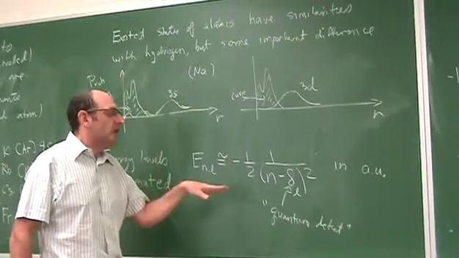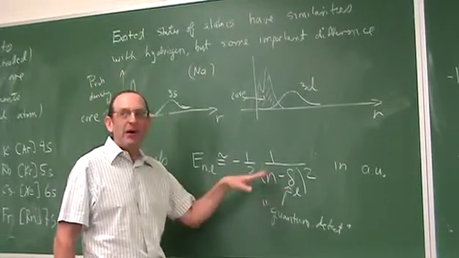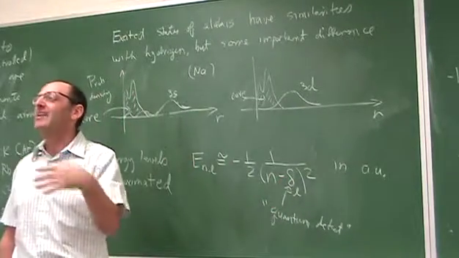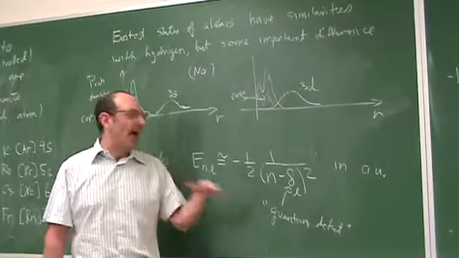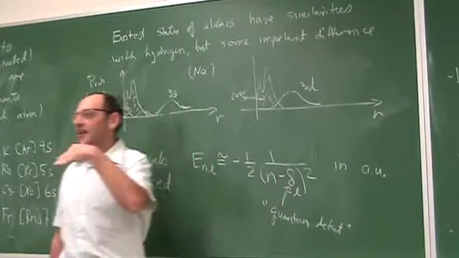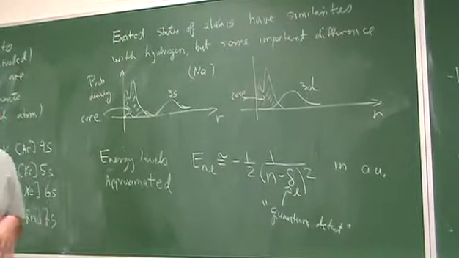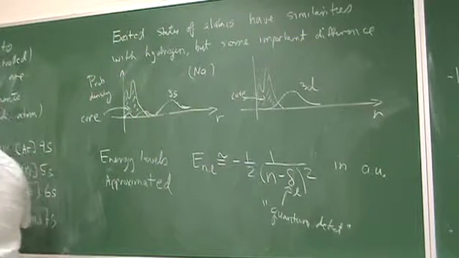So this is an approximate formula. It's not exactly right because if you were to try to write it as a quantum defect, really the quantum defect has a dependence on n. It's not really exactly just for a given L, there's a quantum defect, but it's not a bad approximation, I think particularly for the lighter alkalis.